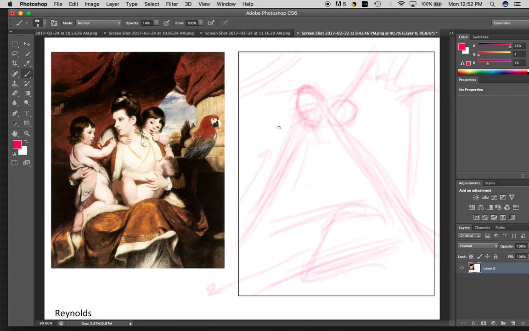They are her children, so they will take a secondary role in this case, and so we'll lay in the head. So a lot of times with these compositional studies, once I get the overall compositional pattern, I will look to the placement of the heads, especially as a strong device.